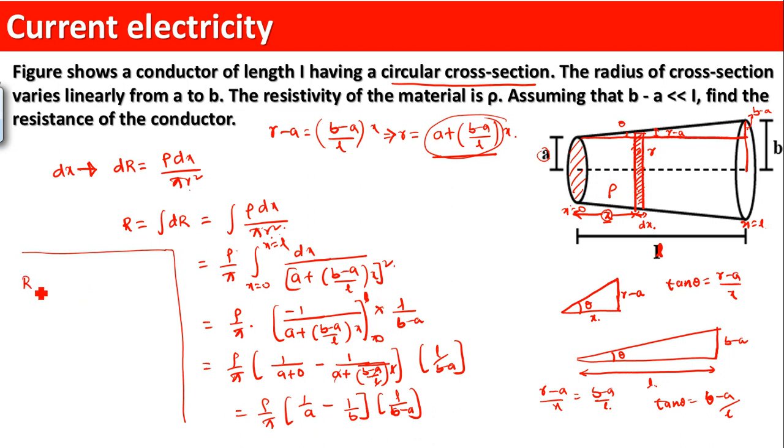R is equal to rho by pi. If you just take the LCM, that will be AB, this will be B minus A, and you need to multiply with L by B minus A here. So B minus A gets cancelled, then your job is done. The resistance R is equal to rho L by pi AB.